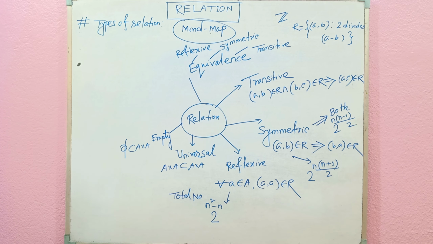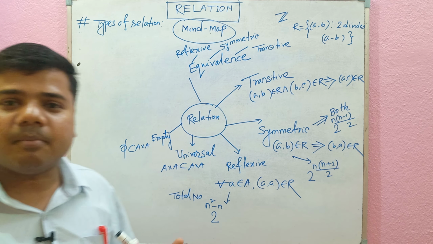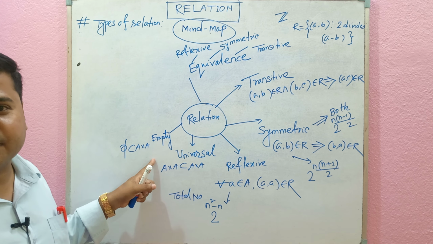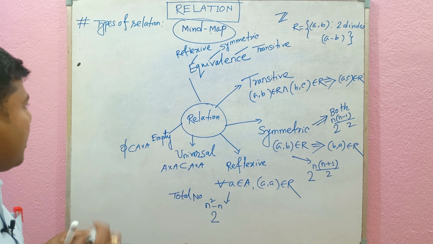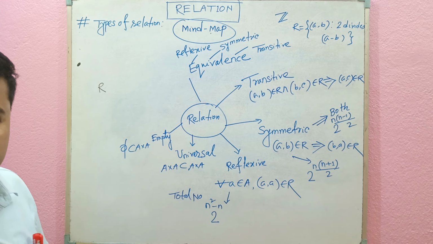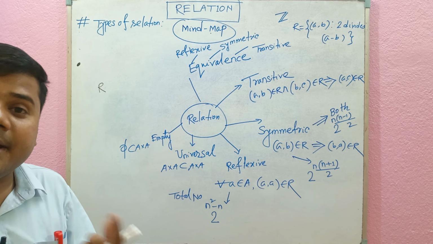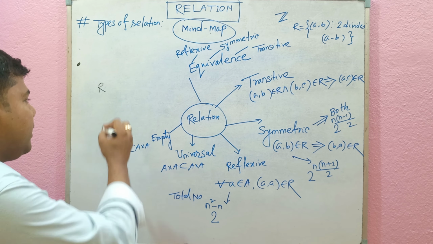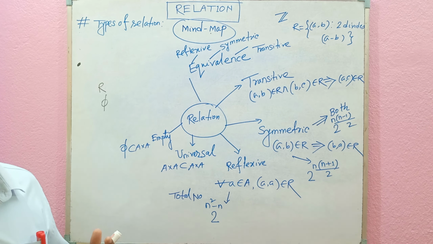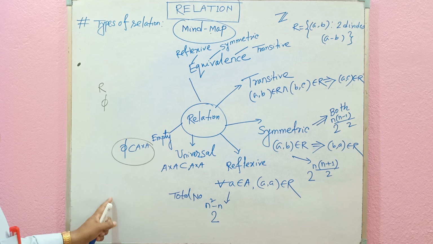Now let us discuss types of relations. First of all, what is an empty relation? A relation R in set A is said to be an empty relation if no element of A is related to any element of A. Phi is an empty relation on any set.